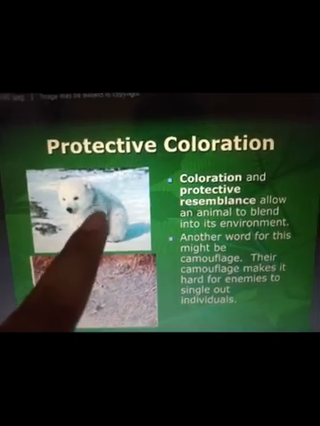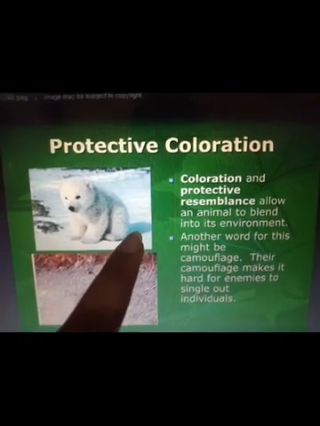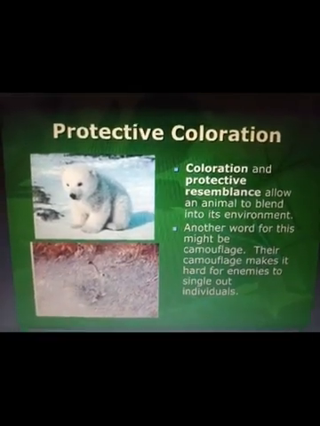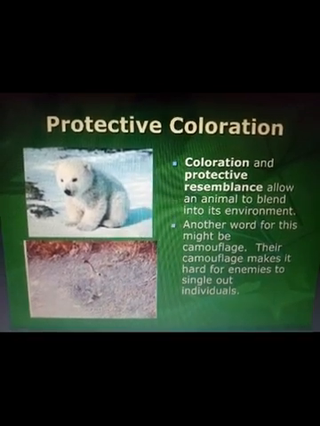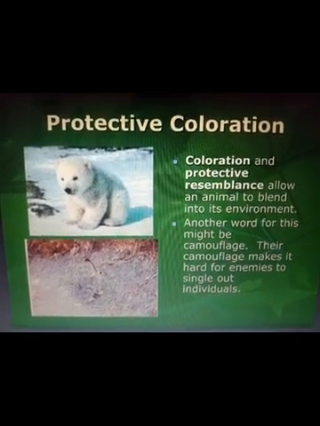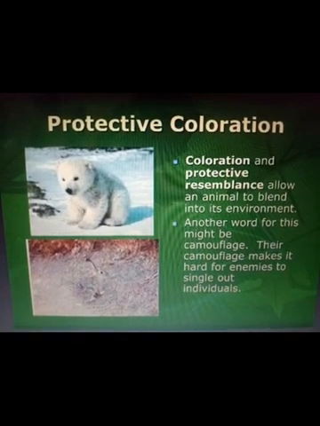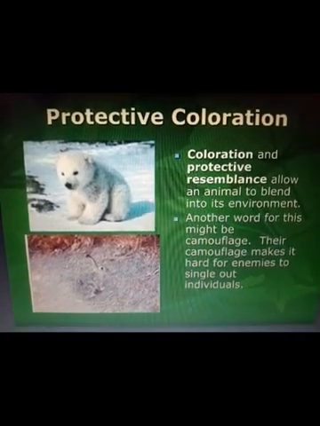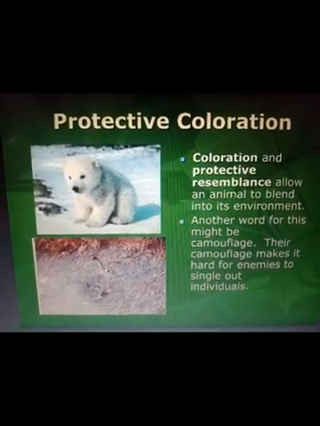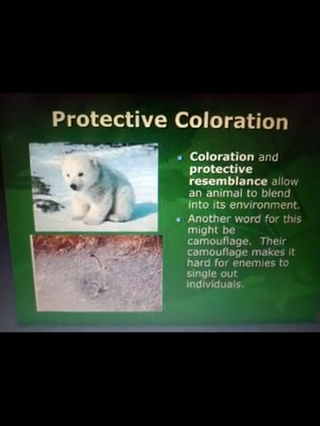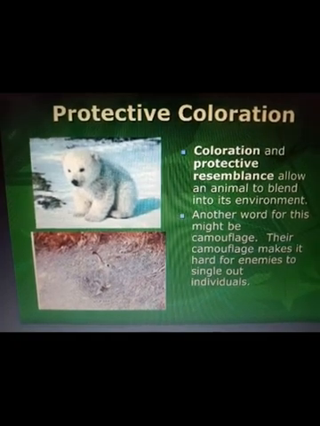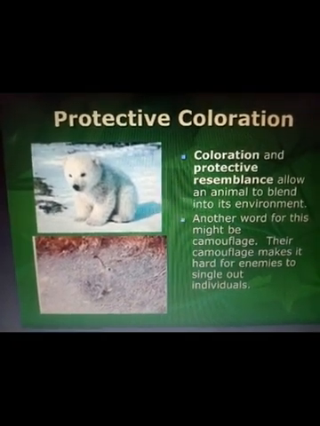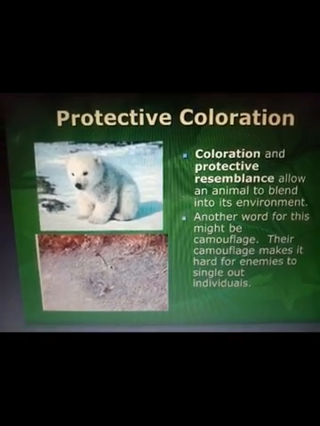See, the color of the polar bear is white and the ice is also white. So coloration and protective resemblance allow an animal to blend or hide in its environment, which is called camouflage. Camouflage makes it hard for enemies to single out individuals. That means it protects them from the enemies also.